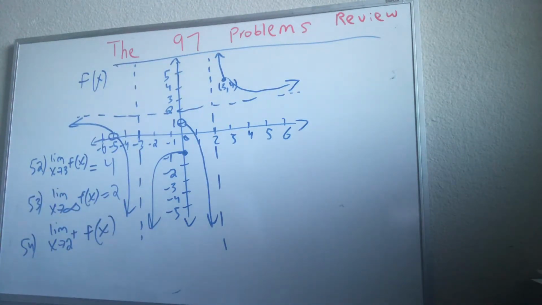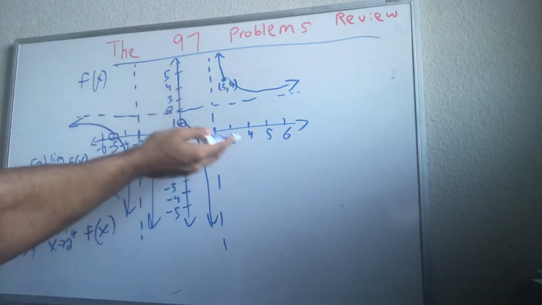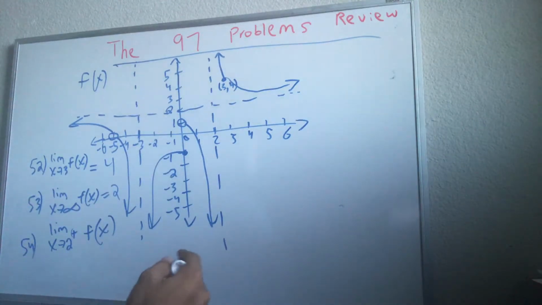And then for question number 54, we have limit of f of x as x approaches 2 plus, and this sign over here indicates that we're talking about the direction from the right hand side. So we're saying that as you approach 2 from the right hand side, what's happening to the y value? For instance, this means 2.001, 2.0000001, closer and closer to 2.